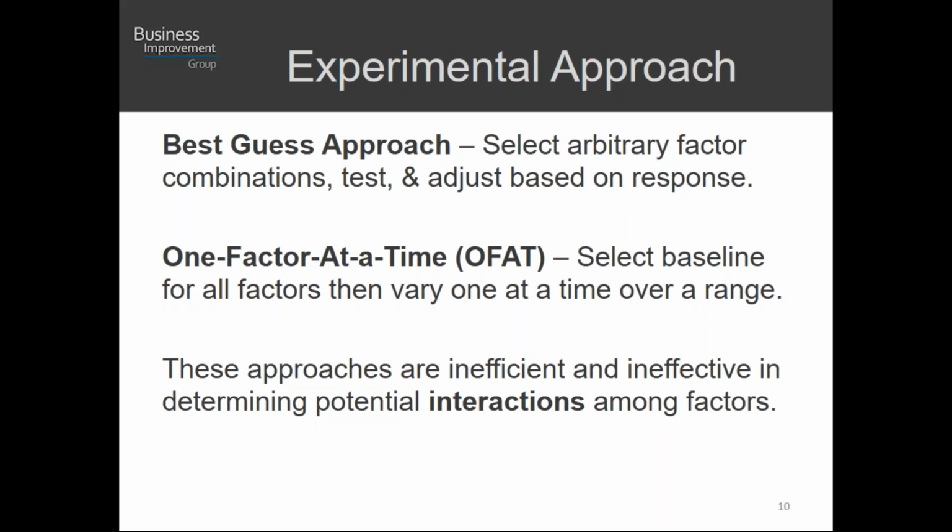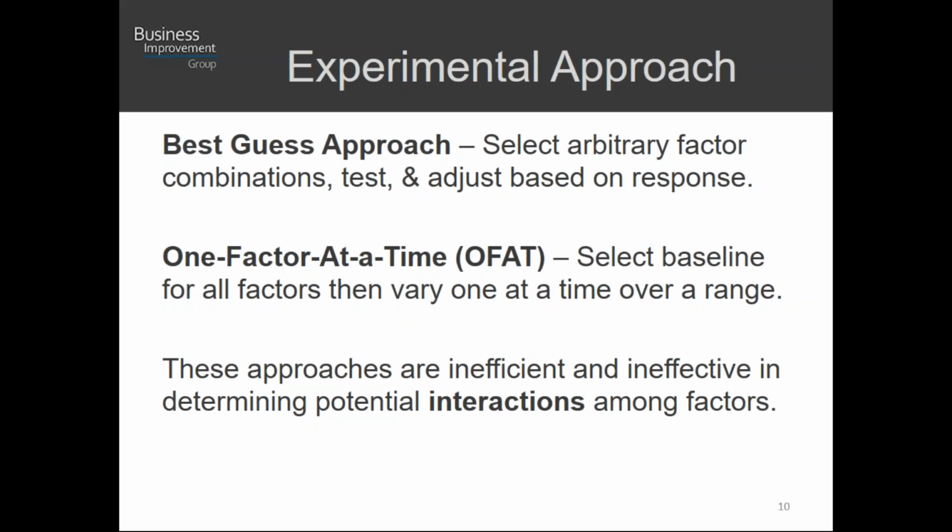So if we decide that we want to do an experiment, next question is, how do we get started? Where do we begin? The most natural place for folks to want to begin is what's called the best guess approach. This is where folks would select an arbitrary factor or setting combinations, test and adjust based on the response.